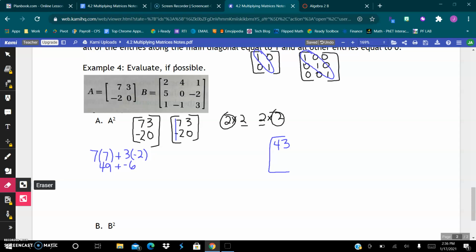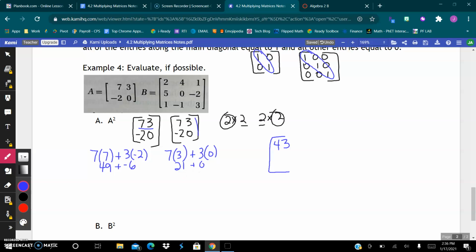And then we're going to have the first row and the second column. So we're going to have 7 by 3 and 3 by 0. So that's a 21 and a 0. So that one's going to be a 21.